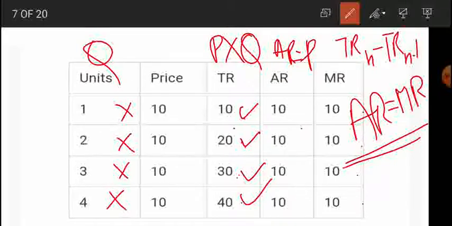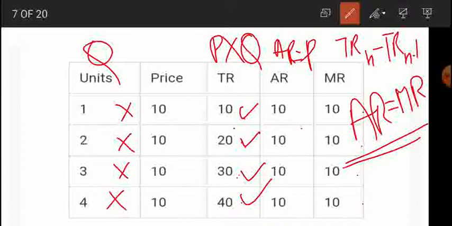Number 1, when price of the commodity remains constant, AR is equal to MR. Number 2, AR and MR curve is identical and is horizontally parallel to x-axis.